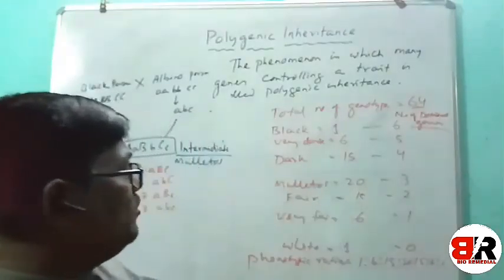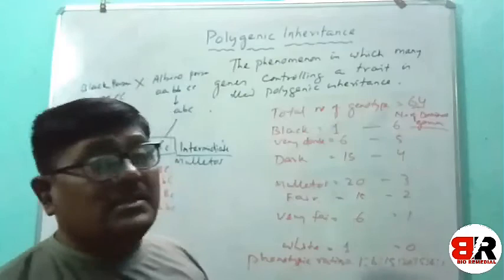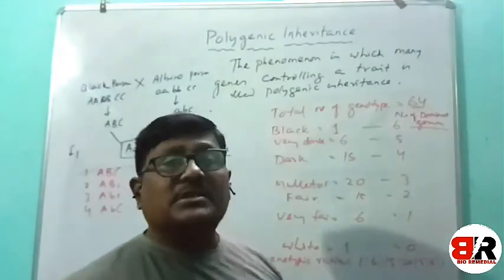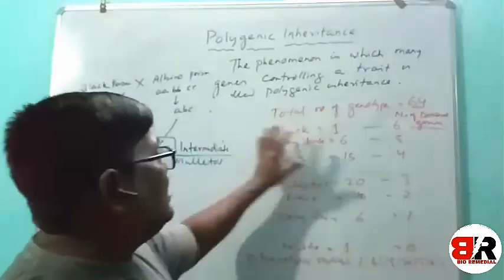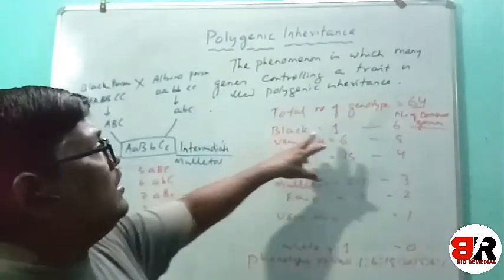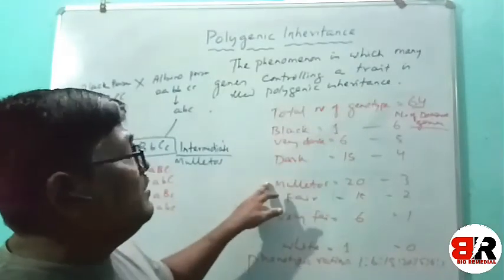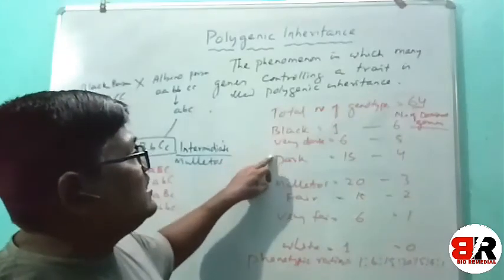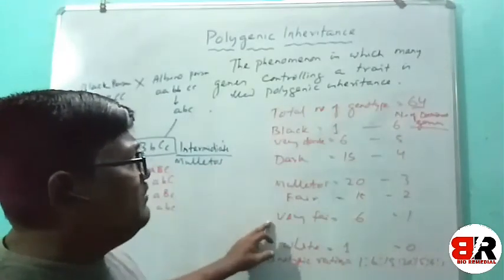That is the reason the phenotype ratio we can get from polygenic inheritance is 1:6:15:20:15:6:1, and in total the phenotypes we will get: black color 1, white color 1, then middle mulatto color 20, then very dark 6, dark 15, fair 15, very fair 6.